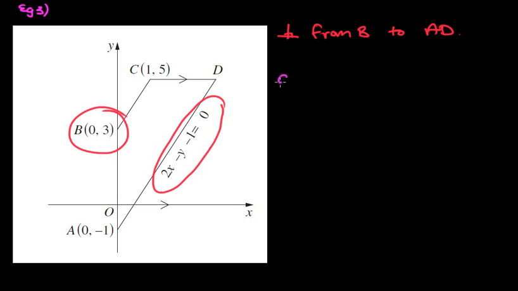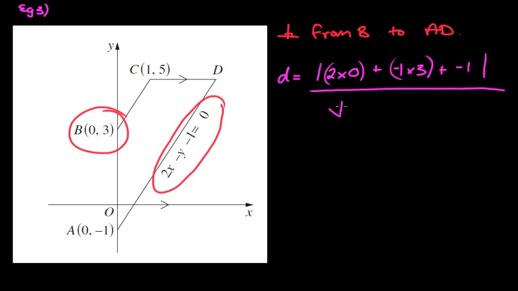Okay, so all I need to do again is just put into my formula the absolute value of 2 times 0, which is my AX1, plus my BY1, which is going to be -1 times 3, plus my C, which is -1, all over square root of A squared, which is going to be 2 squared, plus my B squared, which is my -1 squared.